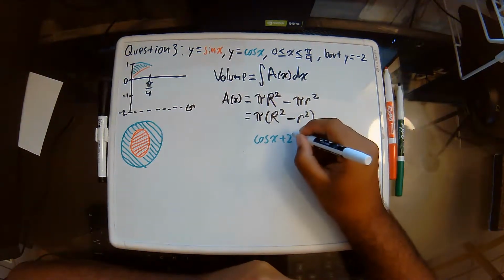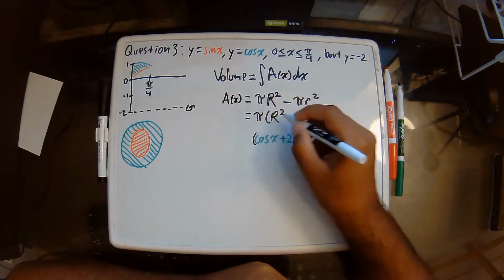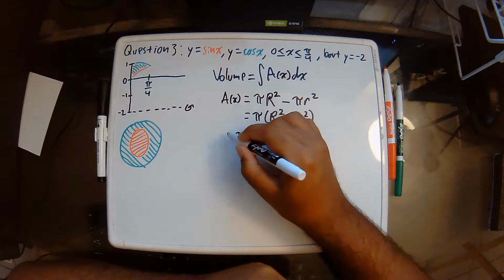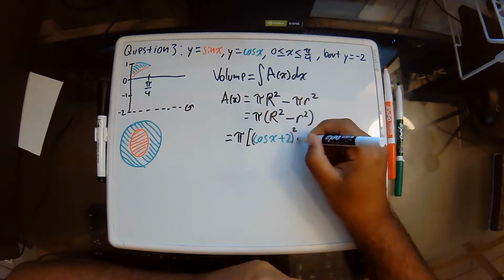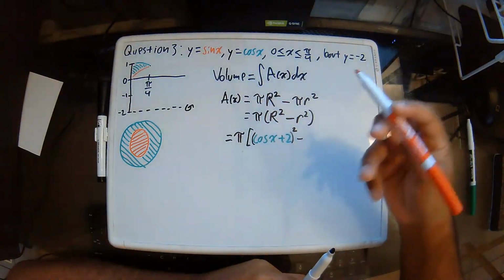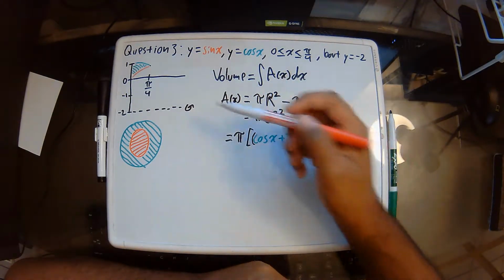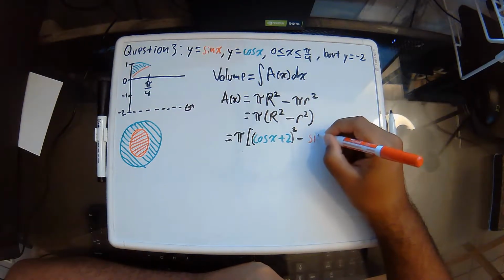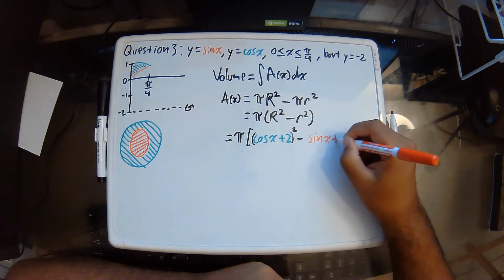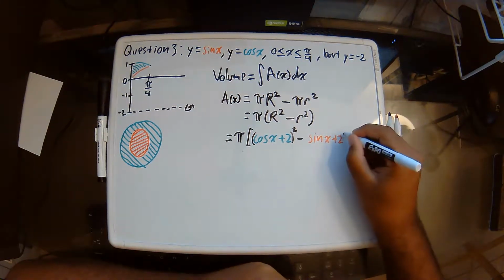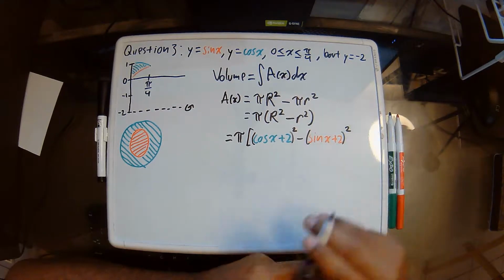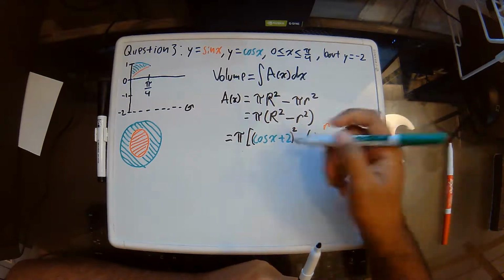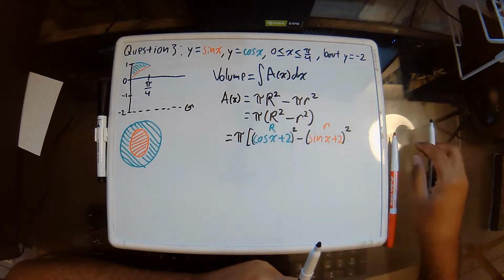So that one is capital R squared. And this smaller r squared is sine. But again, just like cosine, sine is 2 units from that line. So we have to do sine x plus 2. So this is our small radius, this is r. This is our larger radius, capital R.